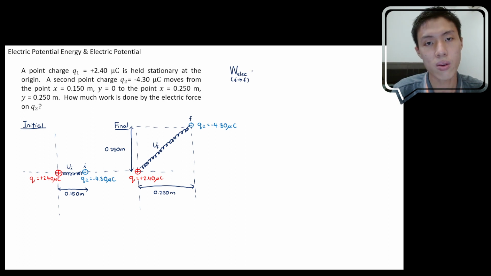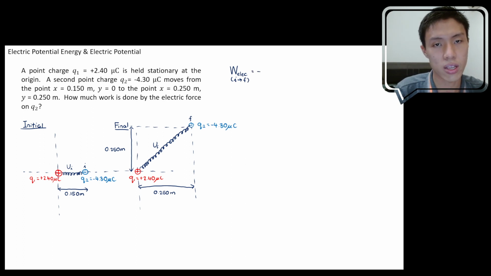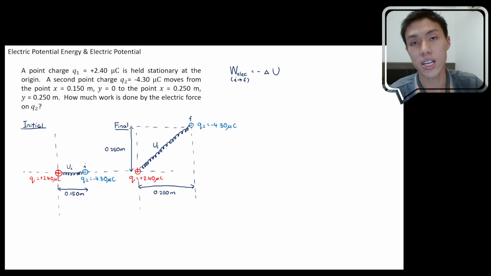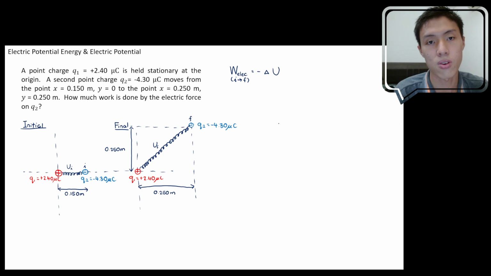We know that work elect is equal to negative delta U, the negative change of electric potential energy. That's the work done by the electric force, it's standard. If it's work done by an external force, then it's positive delta U. If it's work done by the electric force, it's negative delta U. So you break open the delta: final minus initial, so it's negative U final minus U initial.